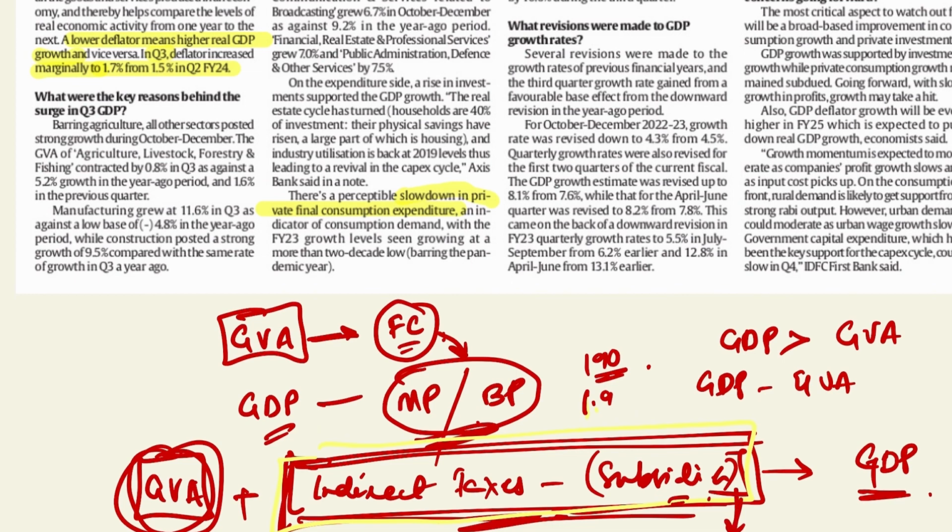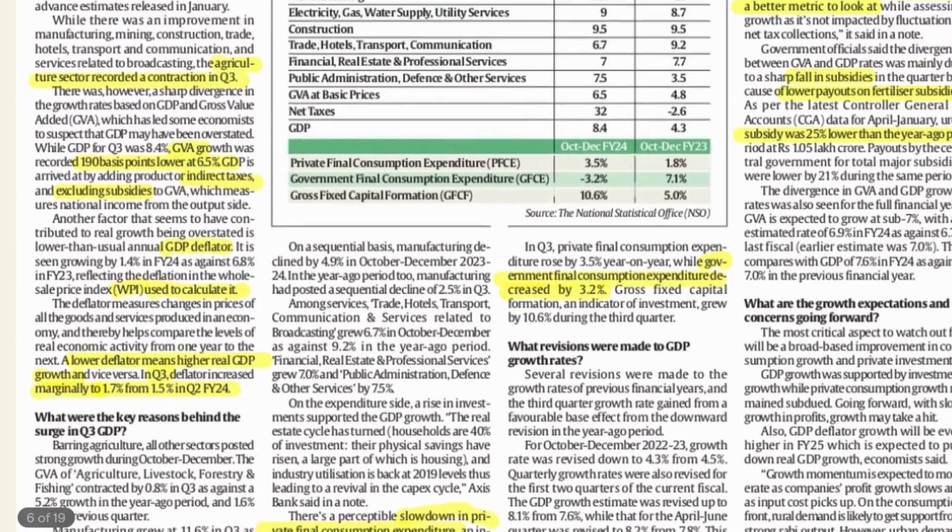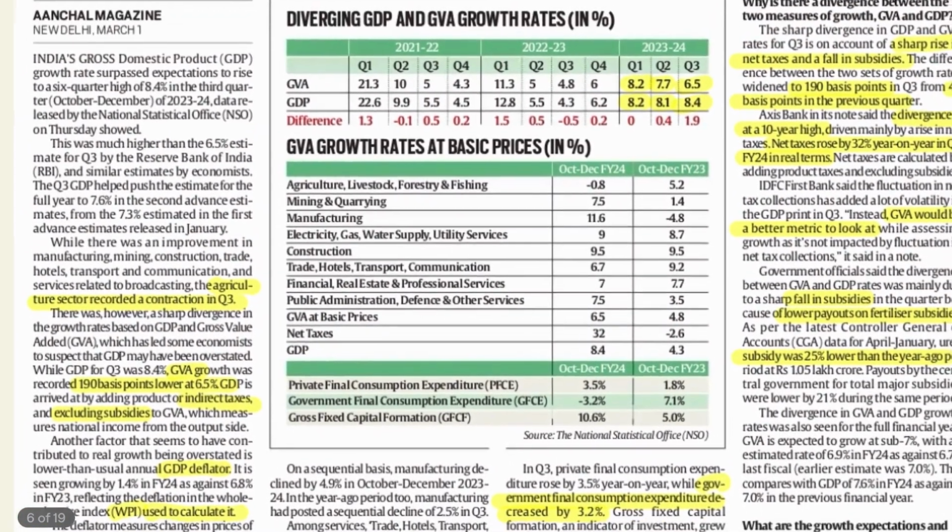Subsidies have been cut down and taxes have been increased, and this has the effect of inflating the GDP, and this has been inflated right before the elections, so we can clearly see what's happening. The indirect taxes have been increased and subsidies have been lowered to project the GDP growth rate.